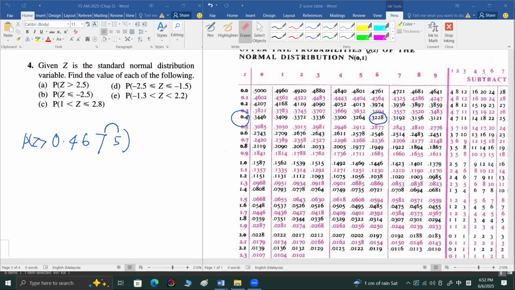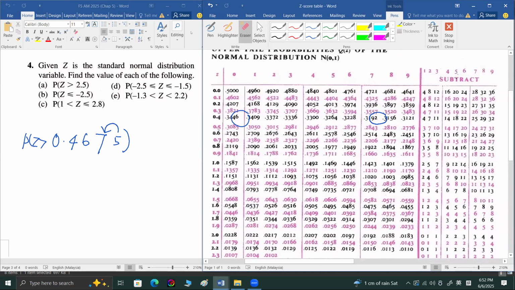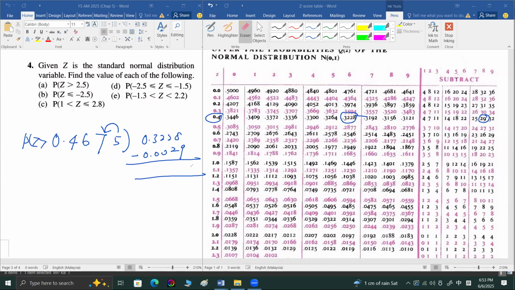If this one can be rounded off, you make it 8, so you go to the column of 8. It can be rounded off, so you round off. So 0.468: you get this value, 3228 minus 29. The 29 is behind. Then you get the answer.